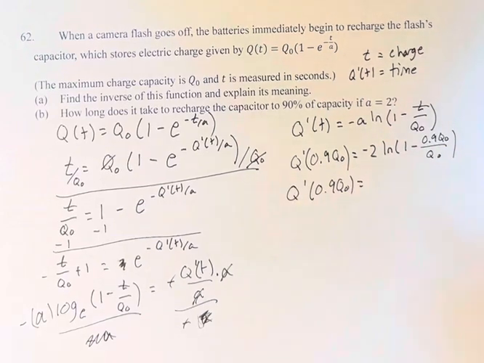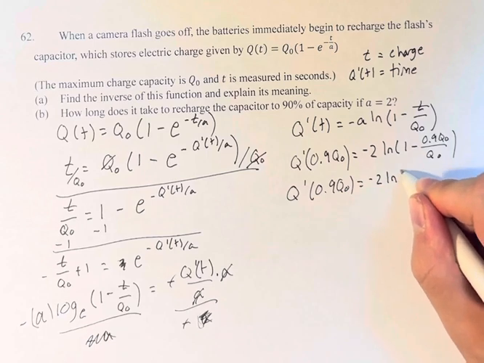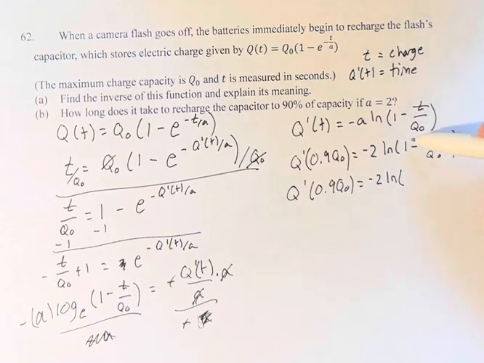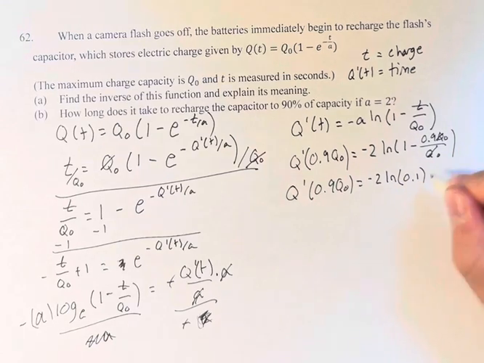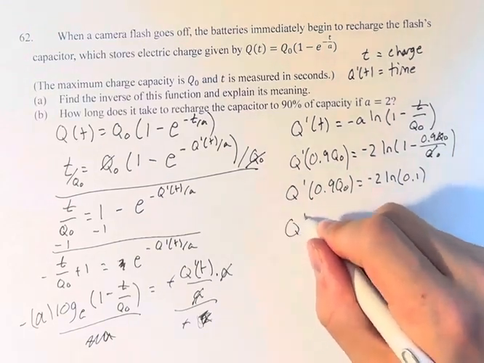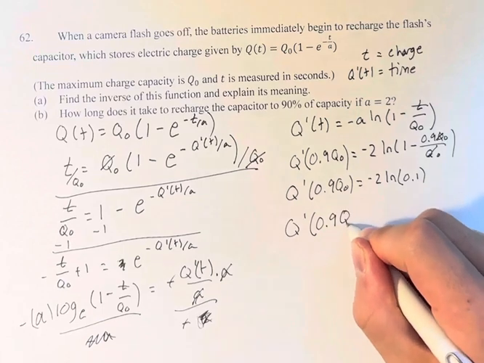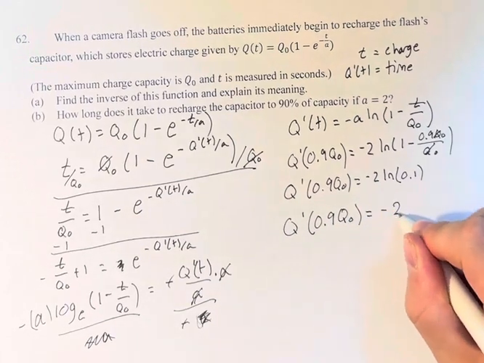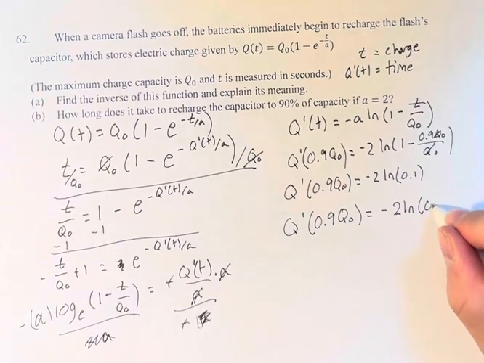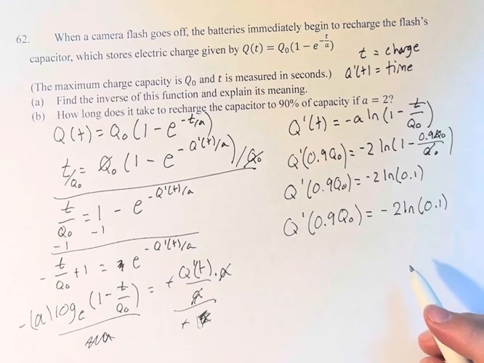The q naughts cancel, and 1 minus 0.9 is 0.1. The value of the function here is negative 2 times the natural log of 0.1.